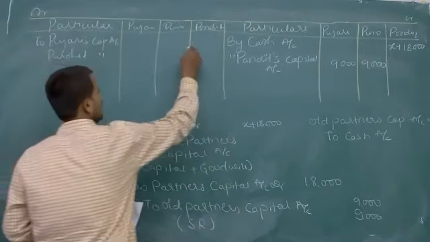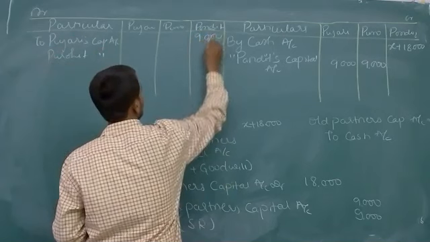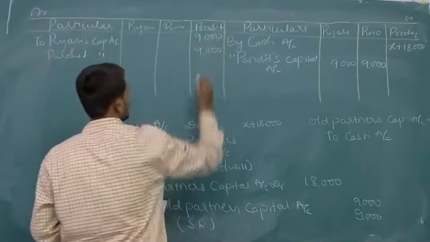The amount will be in the Pandit column, that is 9,000 and 9,000.